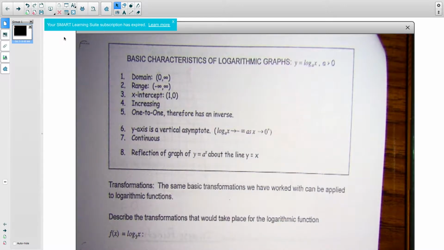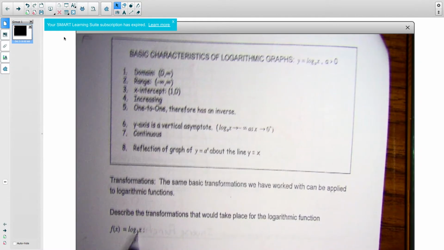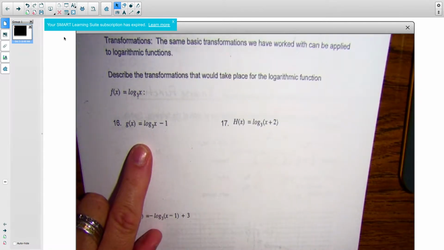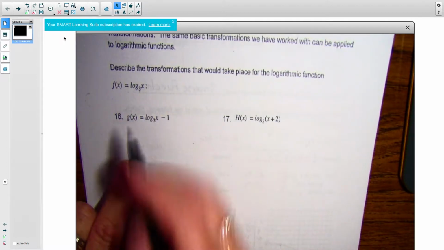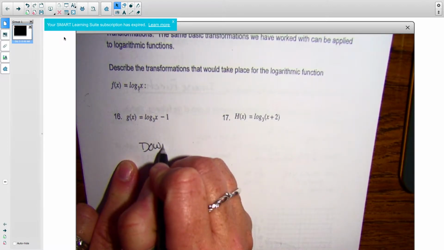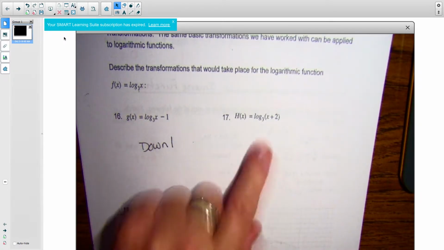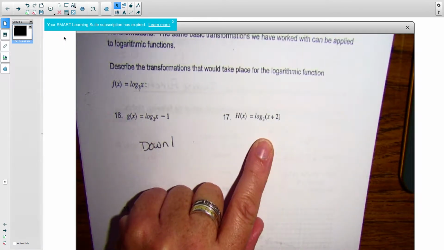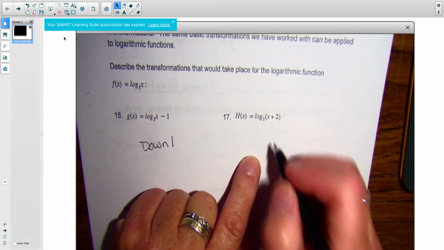So describe the transformation. We're looking at log base 3. What does that negative 1 do with this function? Move down. Down 1. What does the 2 do? Left 2.